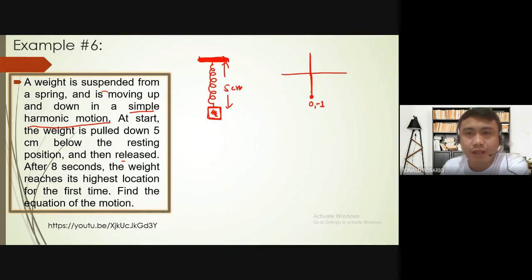At ang gagamitin daw na circular function dito ay yung tinatawag nating cosine. Okay, so y is equal to, kumpletuhin ko yung ating cosine: cosine of b x plus c, plus d.